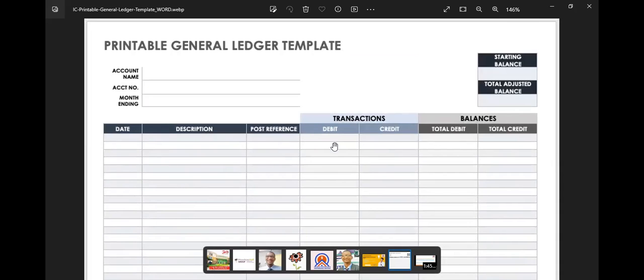It's going to have debits, credits, total debits, and total credits. It depends on the type of package you are using. If you're using Sage, the output will be different from the output of QuickBooks. If you're using QuickBooks, the output will be different from Zoho, and so on.